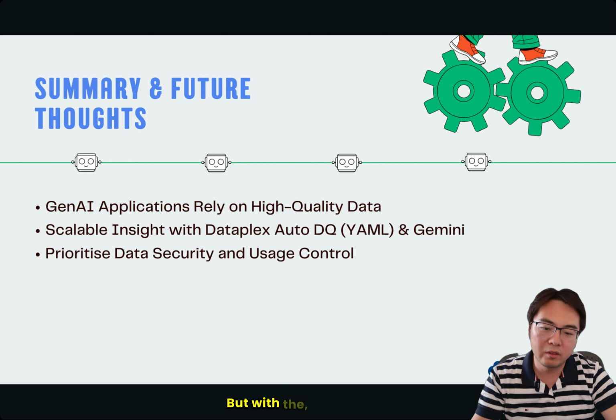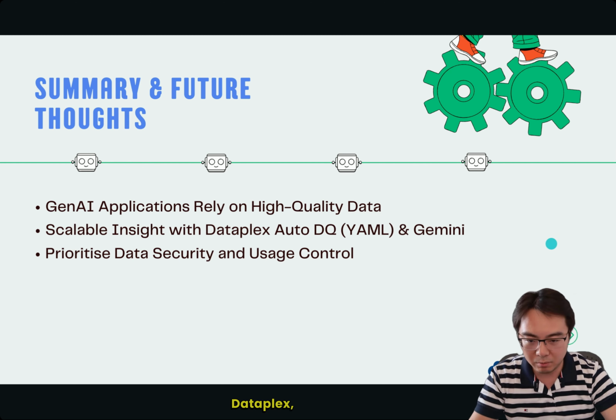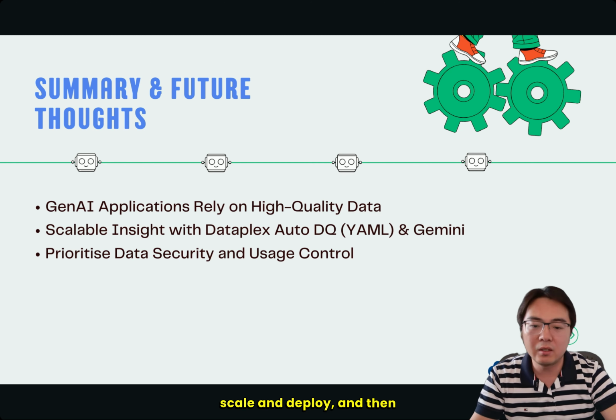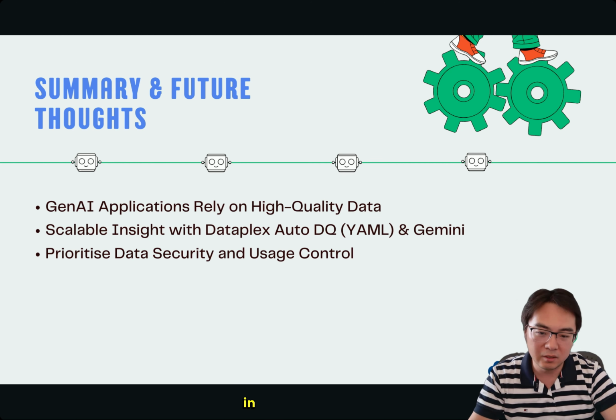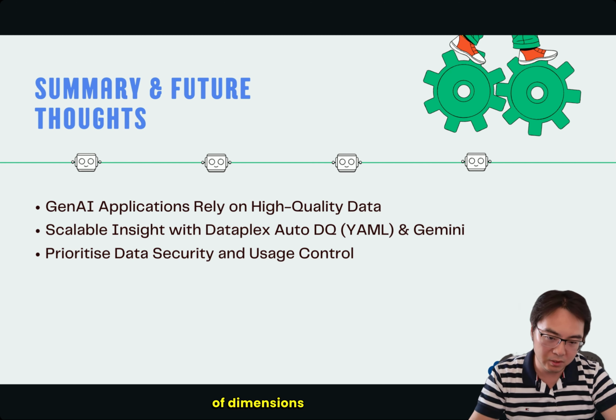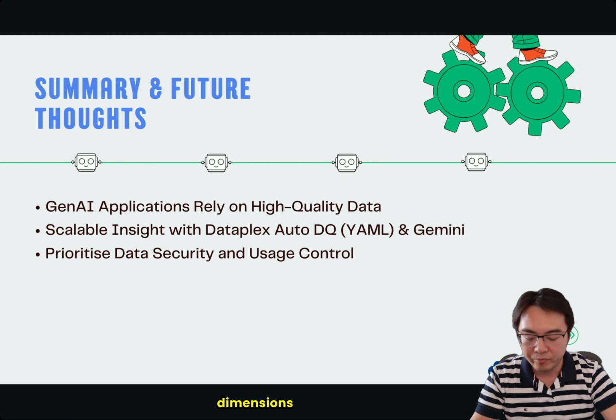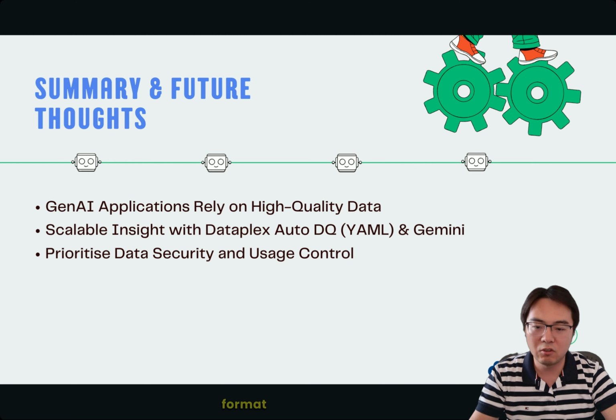But especially if you're on Google Cloud and you combine the solution with Dataplex, the YAML, the Terraform, which doesn't require much work for your engineering team to scale and deploy, you can then send that metadata in a specific format. A lot of these third-party tools, as I mentioned, do support the seven categories of data quality dimensions, and that can be converted into a generic format for the other tool to read from, right?